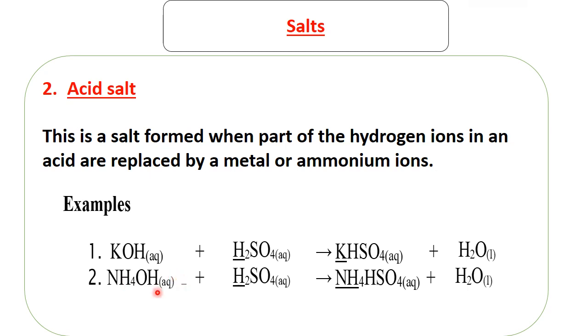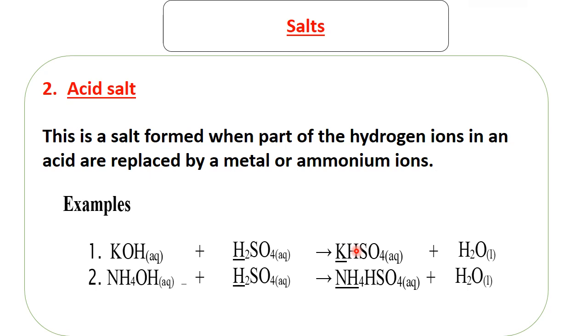So this is ammonium hydroxide reacting with sulfuric acid. Of the two hydrogens here, one of them has been replaced by ammonium, but we still have one hydrogen ion remaining here. So this is an acid salt.